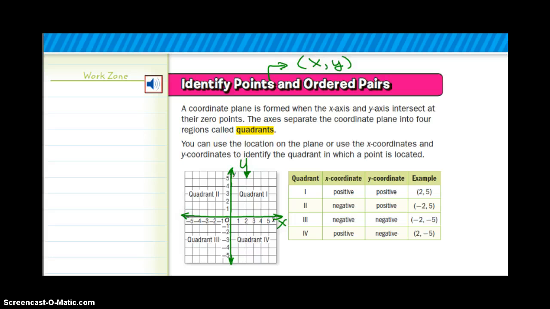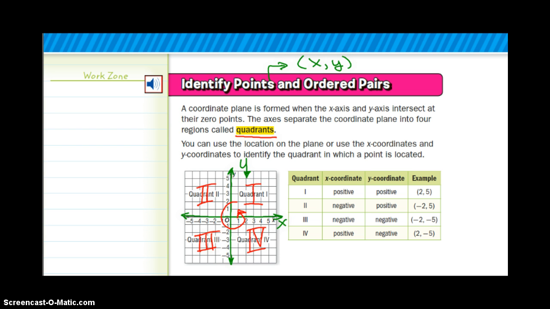Now we have to talk about coordinates in the quadrants. There are 4 quadrants. The quadrants start in the upper right and are numbered 1, 2, 3, and 4. They go counterclockwise.